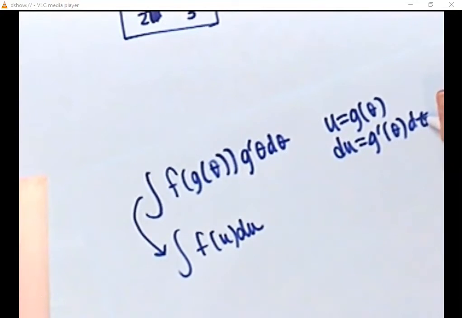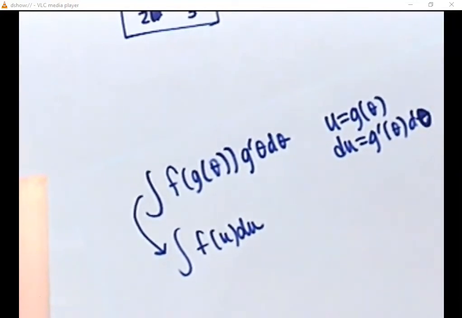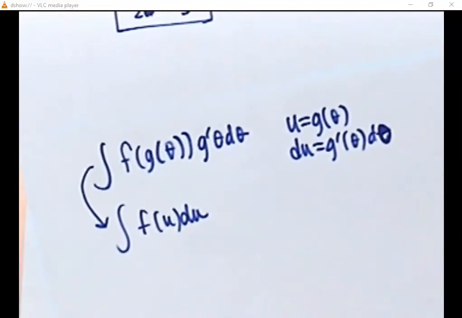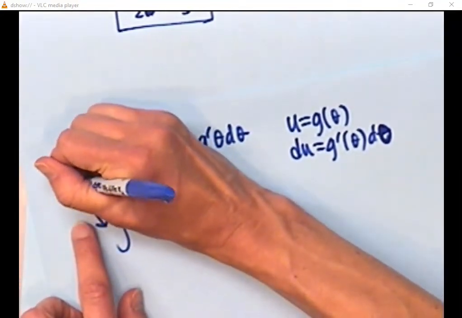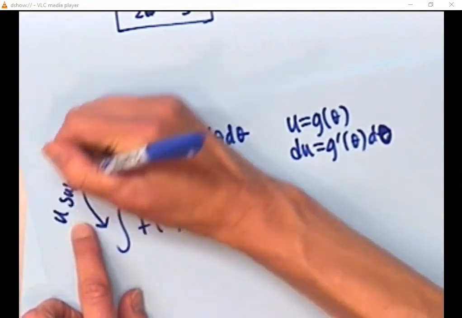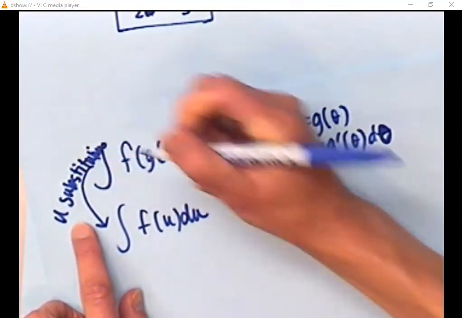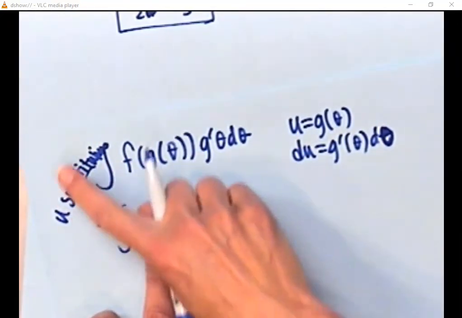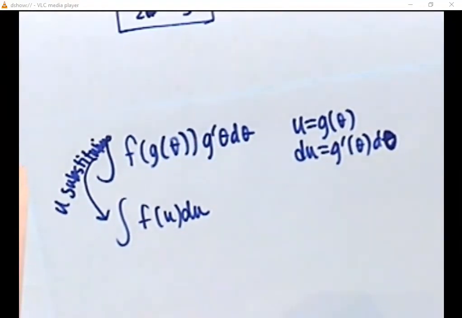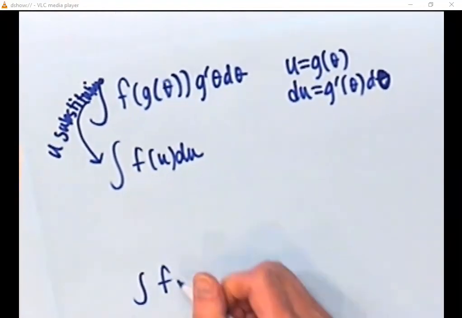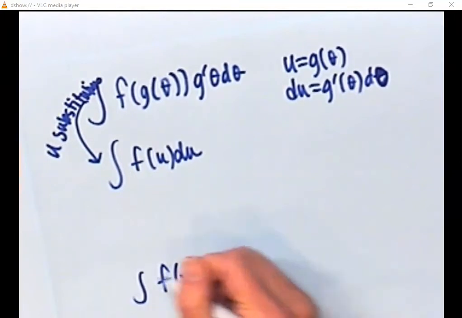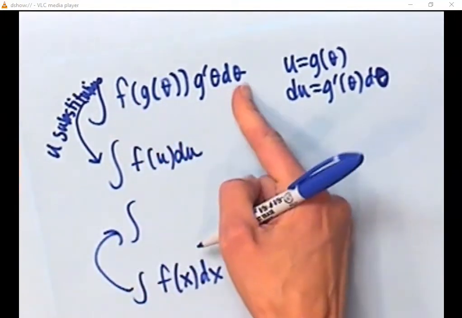d theta. Just a messy notation. So this is what substitution does, in this direction, u substitution. In trig substitution, we go backwards. So we take something that's f of x dx, and we go back and put it into that form.